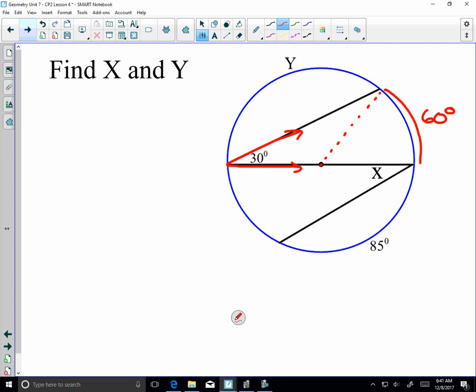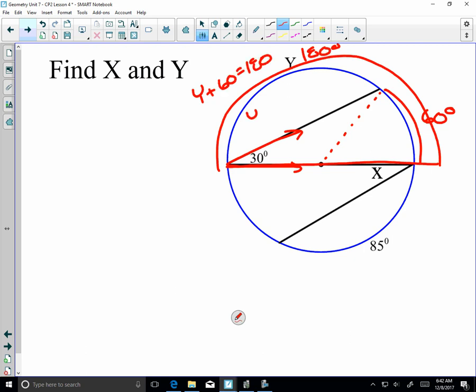Now, what we also have to understand is we have a diameter. So what do we know about diameters? Diameters create a 180 degree arc. So now we can solve for y. y plus 60 equals 180, so y equals 120.